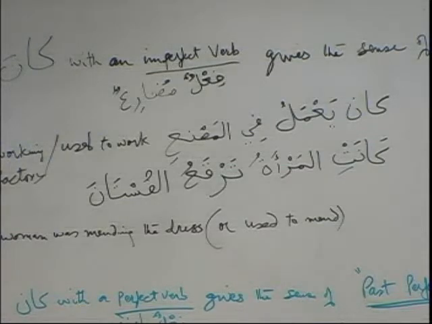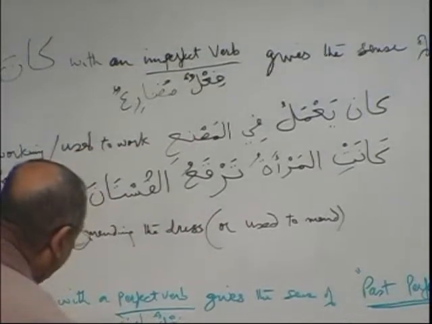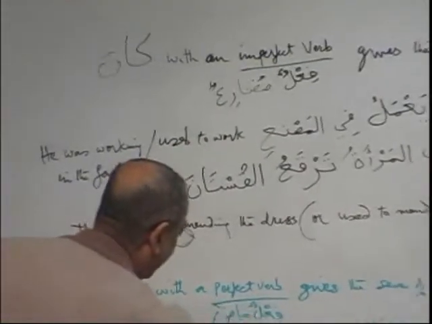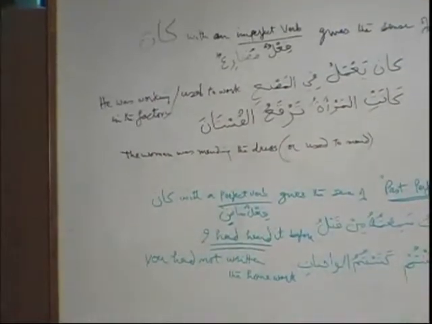How would you say, I had heard it, I had written it? Then you will use kana with a madi, and that will give you the sense of had. Had heard, or had done.